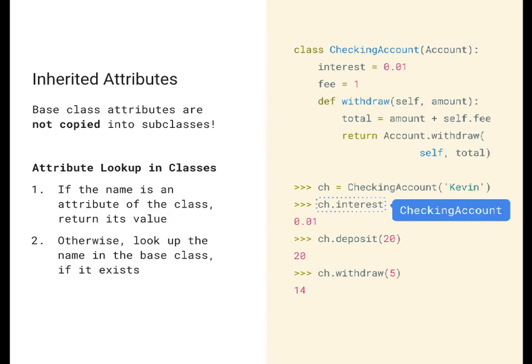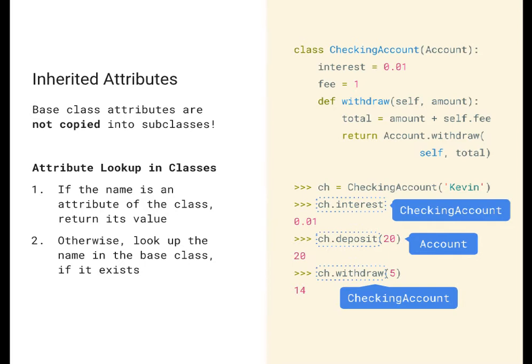So that's where the 0.01 comes from, because I couldn't find it in my instance, so I look in my class. Then for ch.deposit, I first look in my instance, then look in my class, the checking account, then look in the account class. So I find it in the account class. And then for ch.withdraw, I do the same process, except this time I defined it in the checking account class.